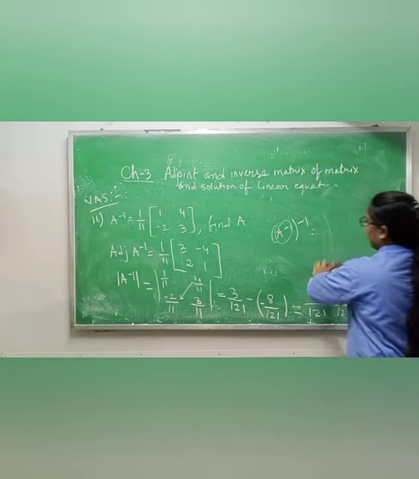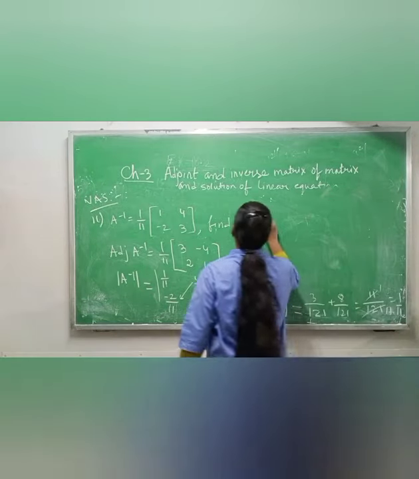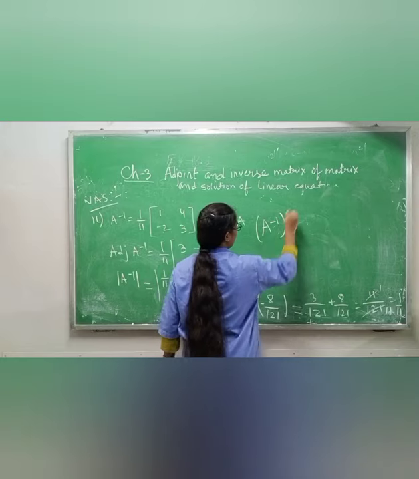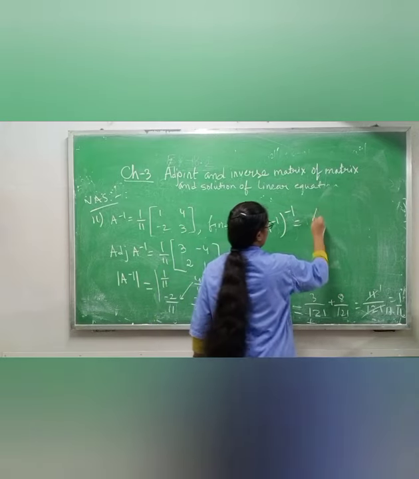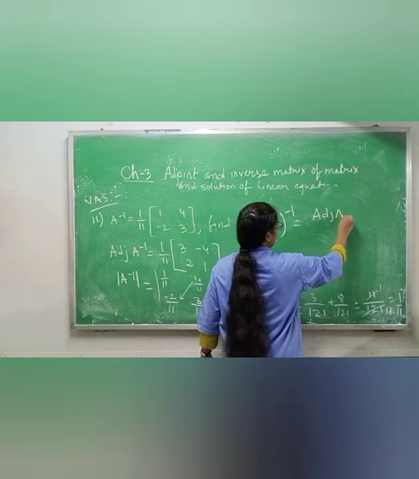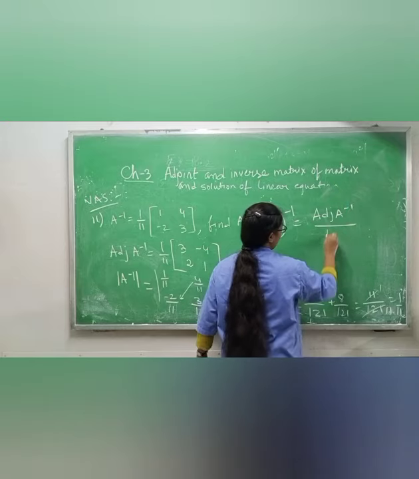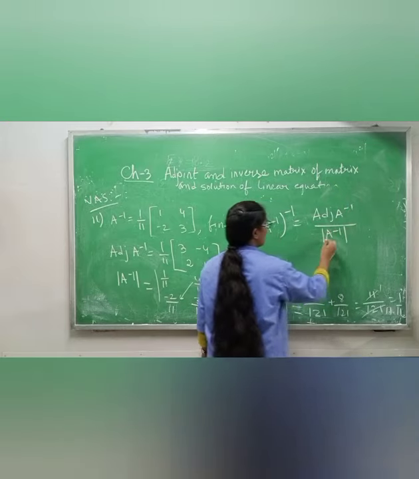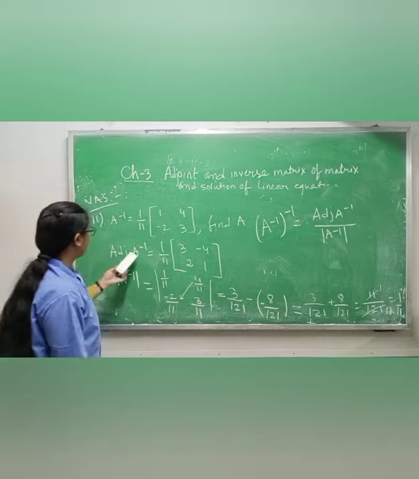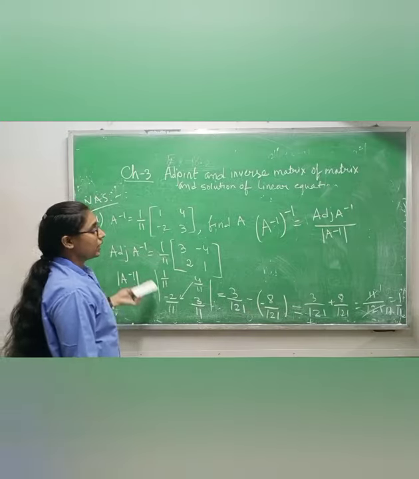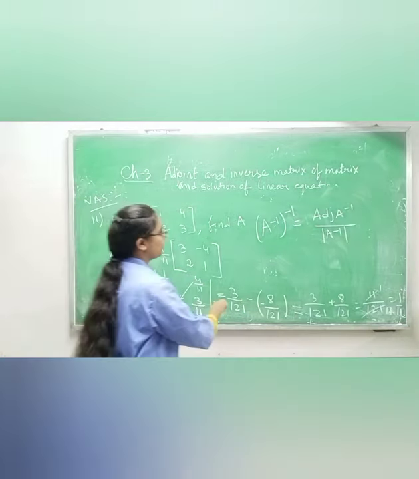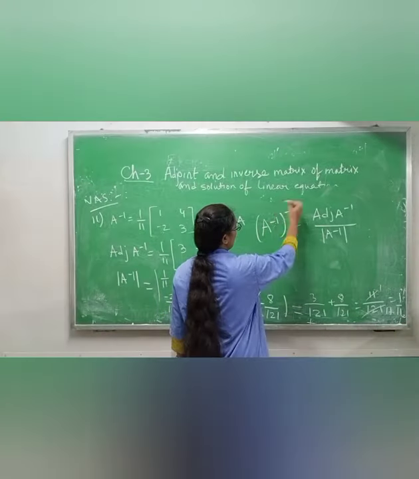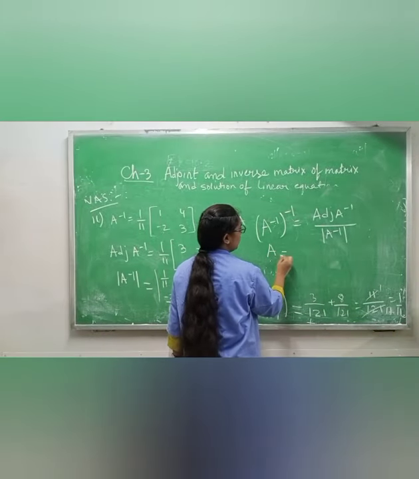Okay. Now after that you have to find A inverse. The formula is adjugate A inverse by determinant of A inverse, because we are finding adjugate A inverse and determinant of A inverse. That is why I have written there. And the inverse of A inverse will give you A only.